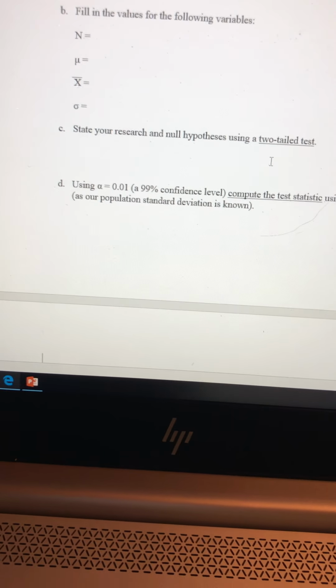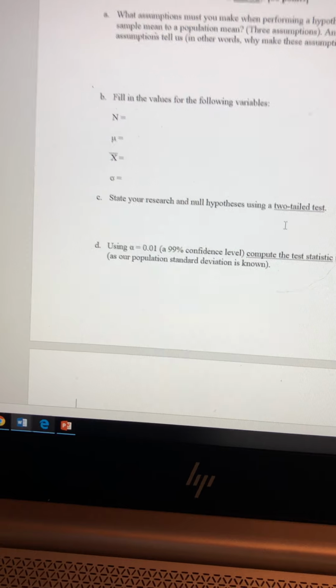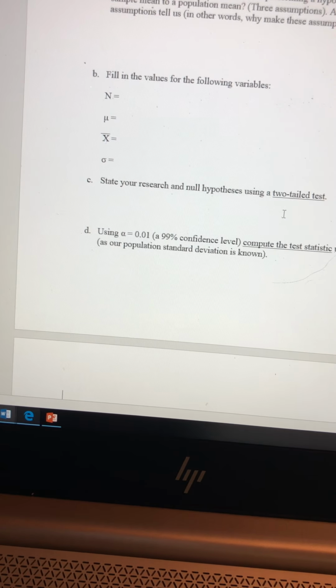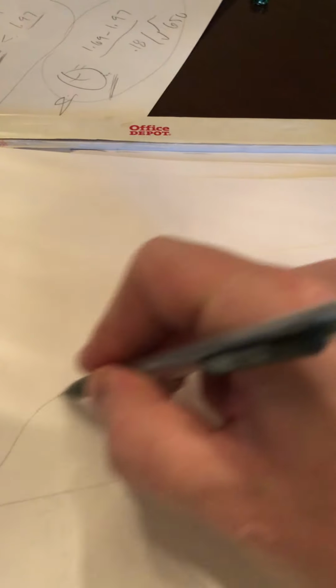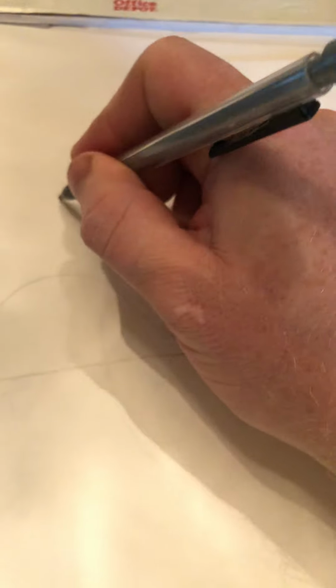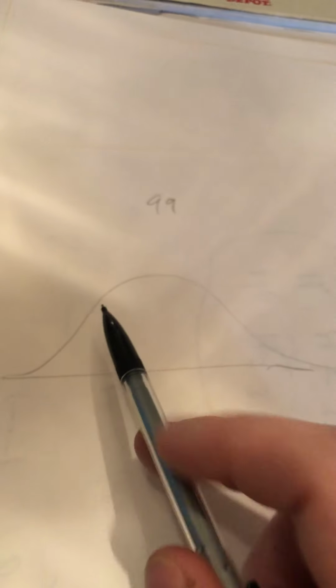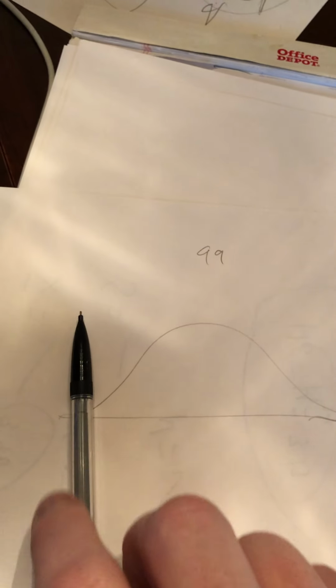So I want a confidence level of 99%, but I'm using a two-tailed test. So let's think about that a little bit. If you think about this distribution, 99% means that I want 99% within the distribution and 1% outside of it.